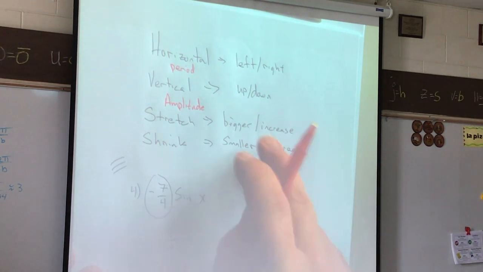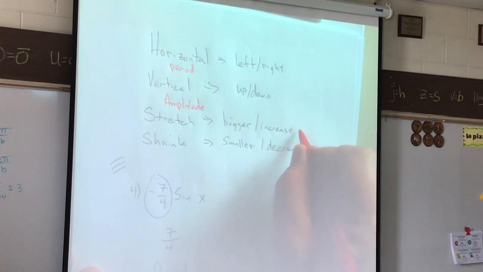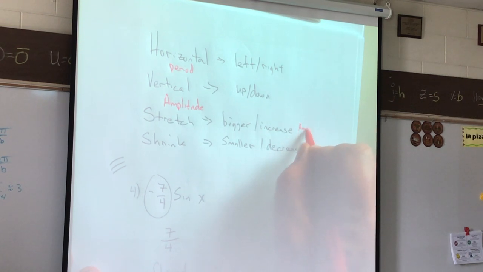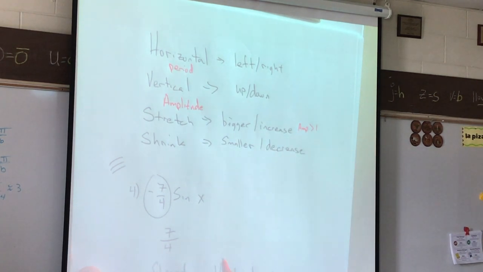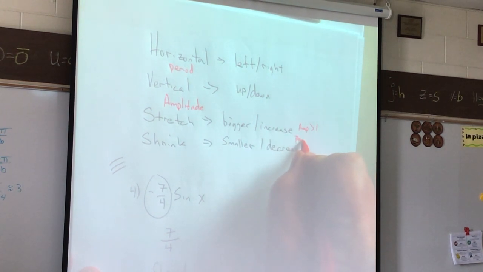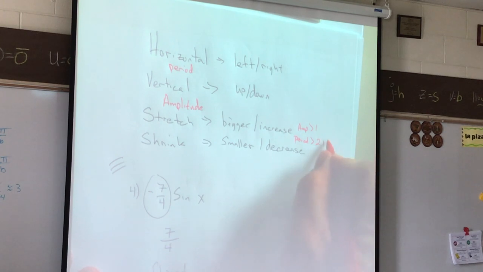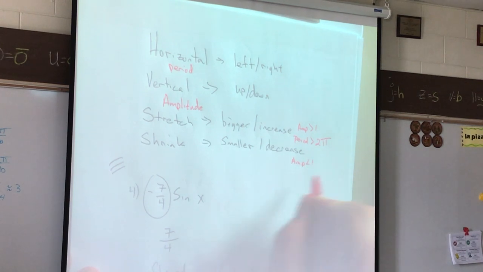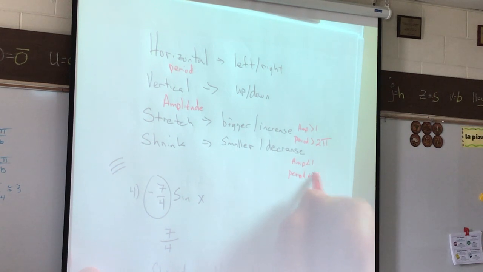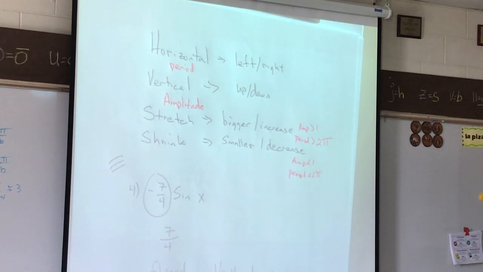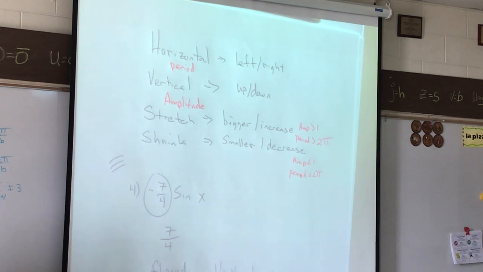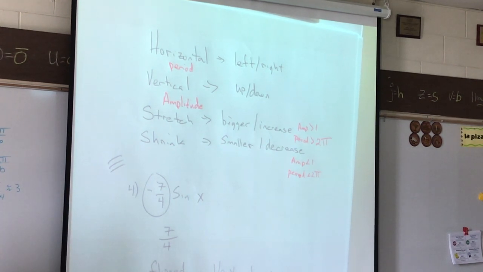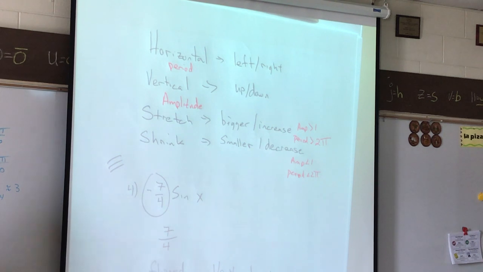So if it's stretched, your amplitude has to be greater than 1, or your period has to be greater than 2 pi. If it shrinks, your amplitude is less than 1, and your period is less than 2 pi. You can do multiple. You can have a horizontal shrink with a vertical stretch.